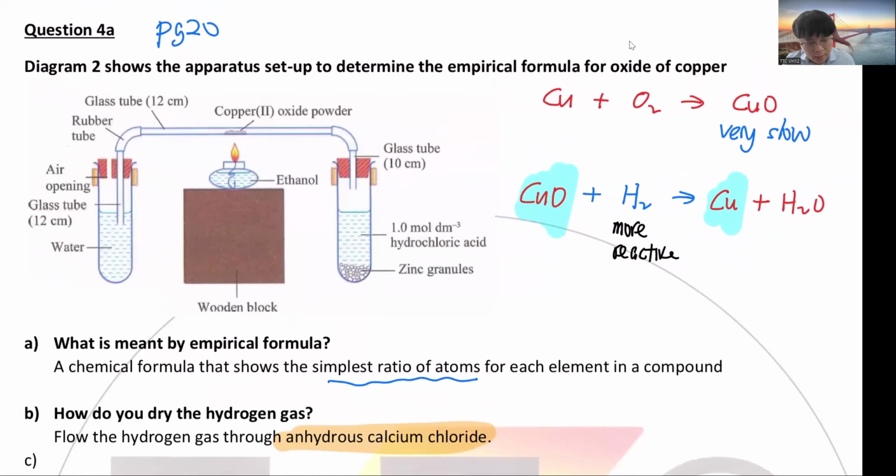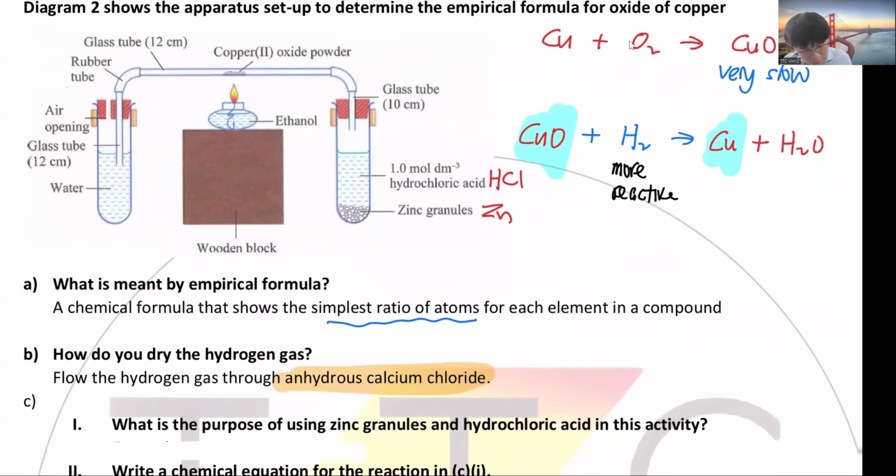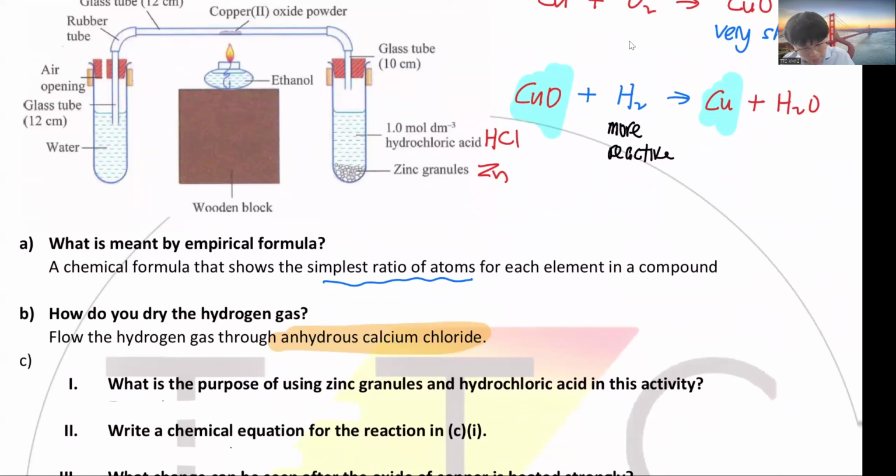So how this thing works is, this is hydrochloric acid, this is zinc. So when you add these two together, they will produce hydrogen gas.